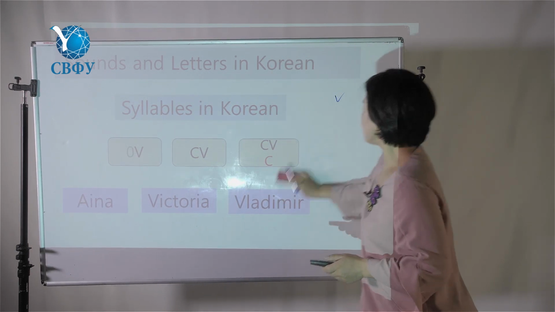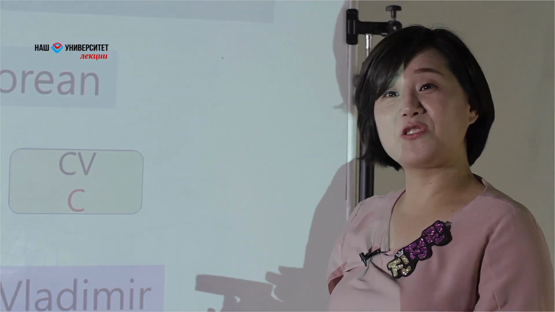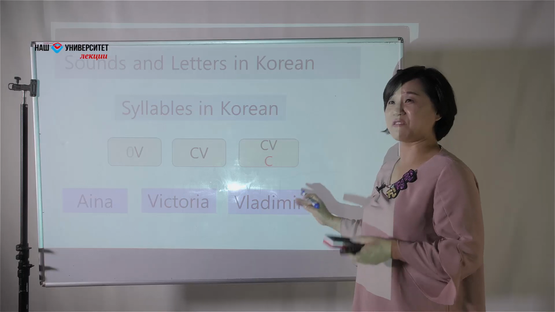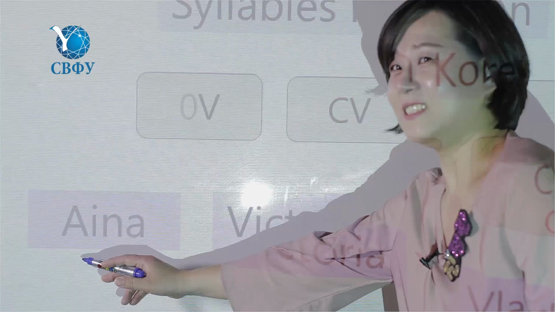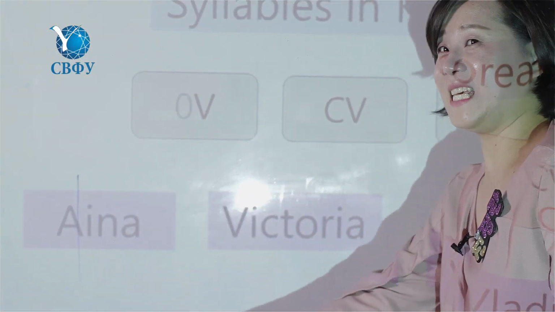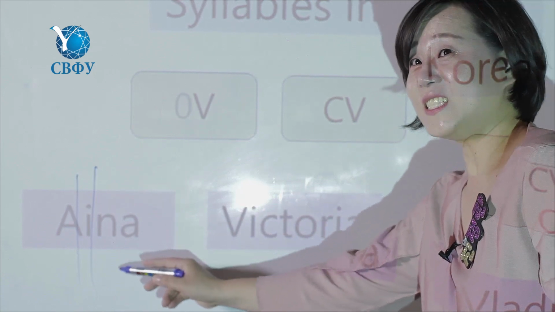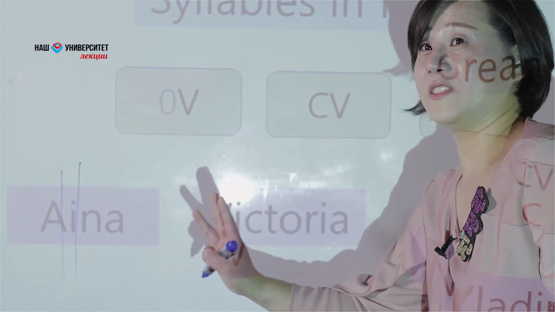So this time I'm going to ask you to write Russian names the Korean way. This one is A, vowel, E, vowel, and na, consonant and vowel. So Aina has three syllables in it.